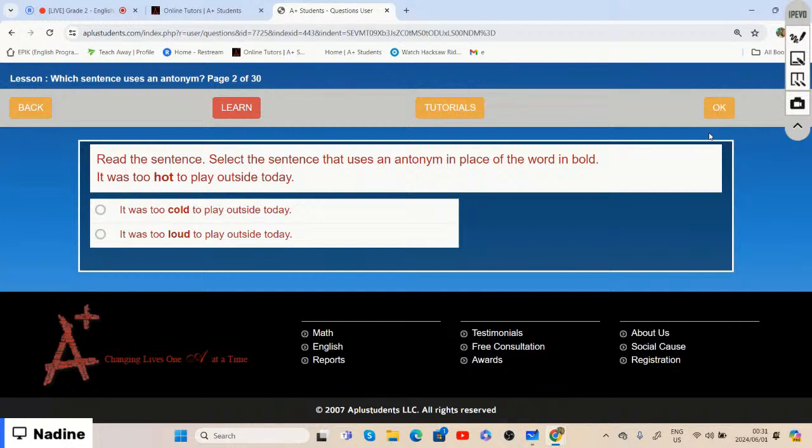What is the opposite of the word hot? Do we say it is too cold to play outside, or is it too loud to play outside? All right, so if we were to choose the correct one, yes, we will choose option one, which means that the opposite of hot is cold.